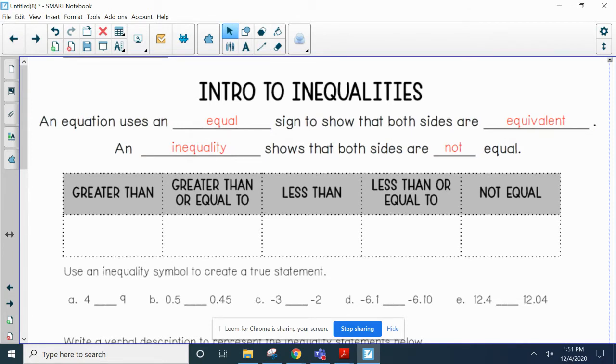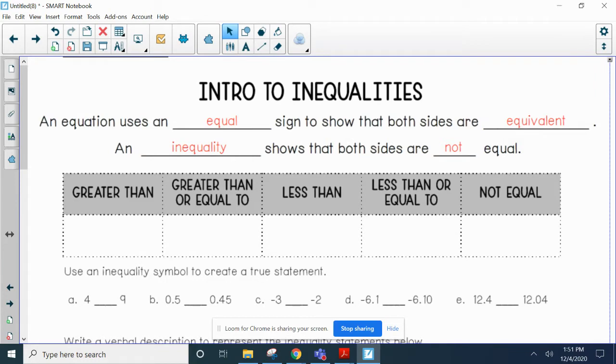This intro is going to get you back in the feel of what you should already know about inequalities to prepare us for actually solving inequalities, which you really should already be able to do because you guys rocked equations.